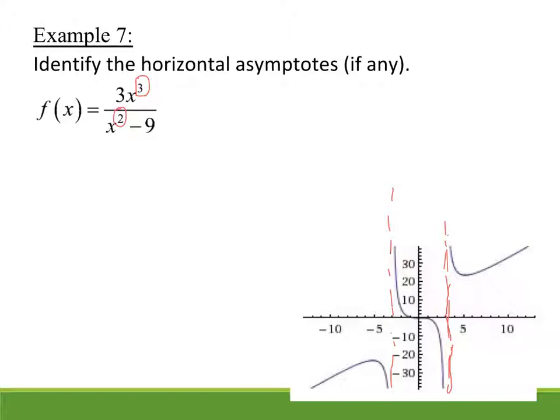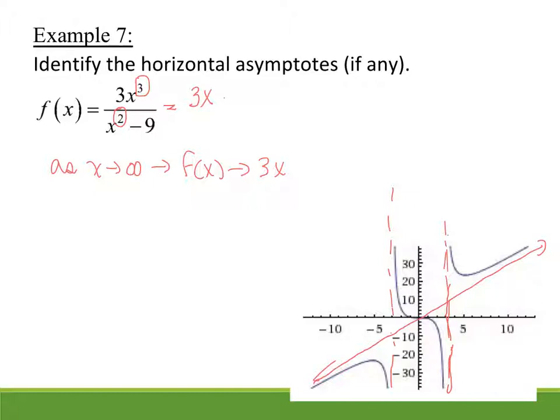So if we did the long division, we would end up with something that looks like 3x ultimately, and this is approaching a line. So as x gets very, very big, f of x approaches 3x, the line, right? And here is that line.